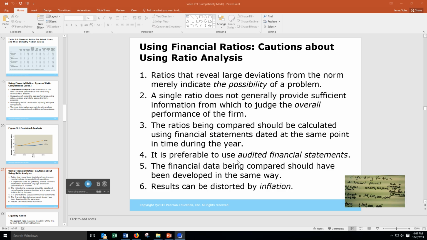There you have an accountant who's signed off and said, to the best of his ability, these are an accurate portrayal of the company in question. And the financial data being compared should have been developed in the same way. We talked a little bit about that before. If you change the way that you account for certain types of revenues or costs, that can distort your calculations. And then, of course, we know that over time, money loses value, so results can be distorted by inflation.